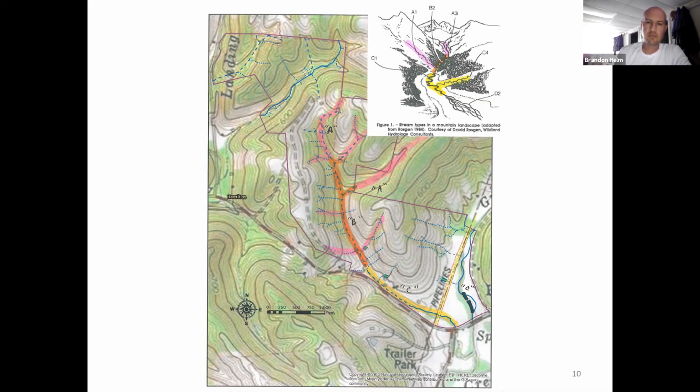Those converge, flow into a B type channel, and then that eventually drops down into the valley and becomes a C channel. So based on that criteria, we can develop a plan for the design of the channel, whether it meanders back and forth slowly or stays, basically in the confines of the valley.